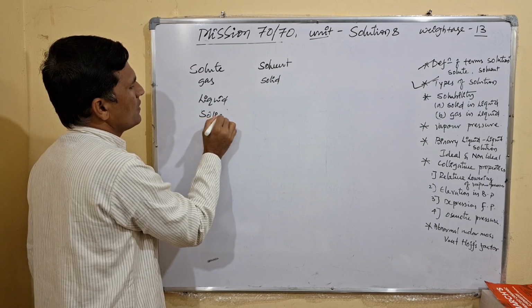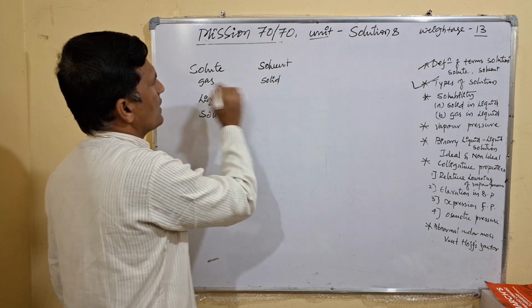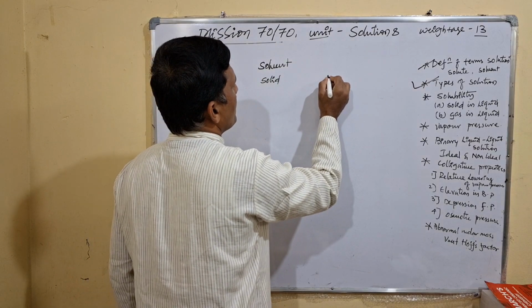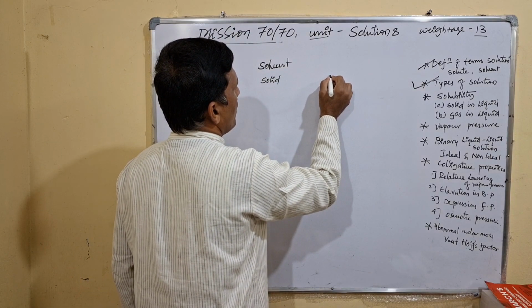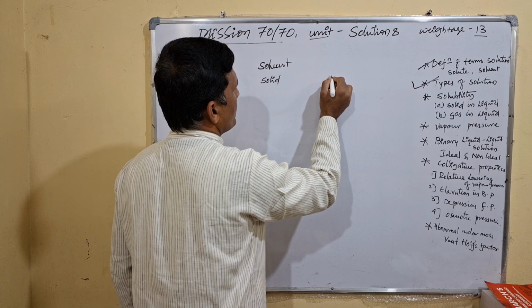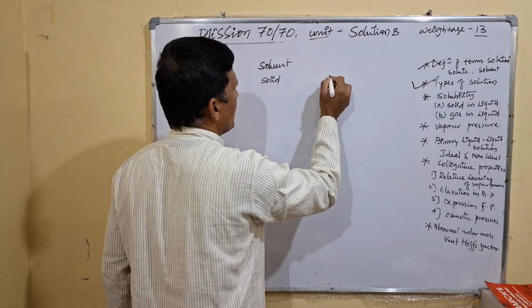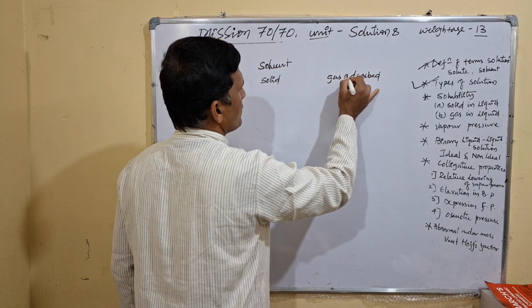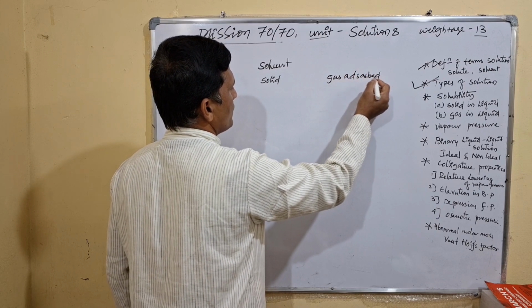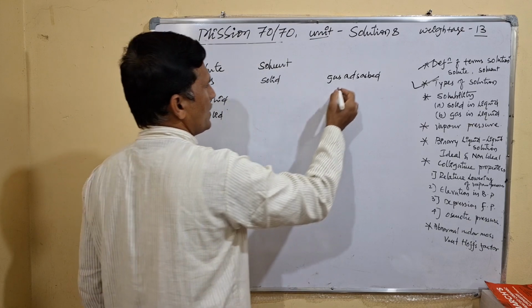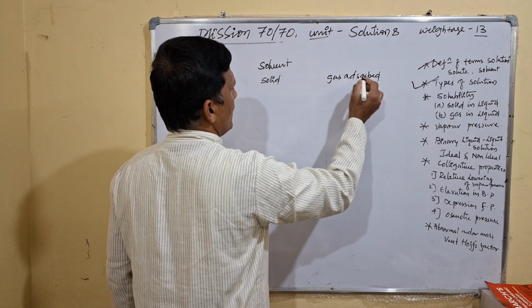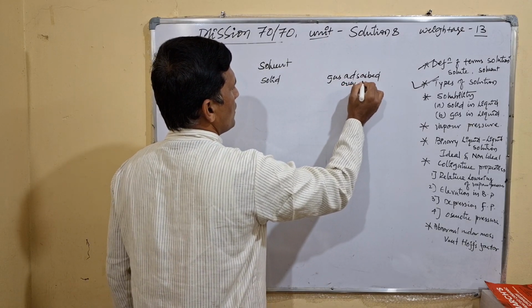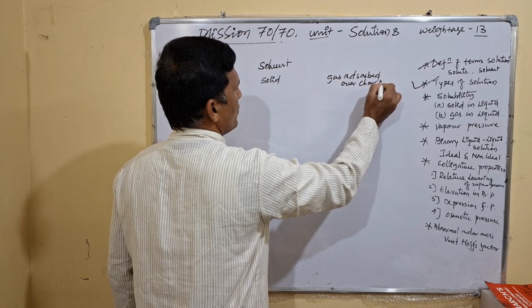The example for gas in solid will be gas adsorbed on the surface of charcoal or a metal. Why I am going into detail with this is because we will get 1 mark questions on this. Gas adsorbed over charcoal is an example.